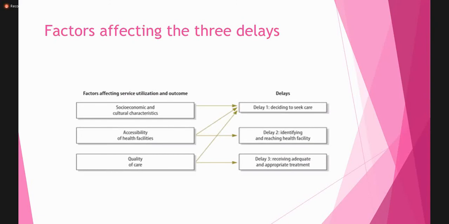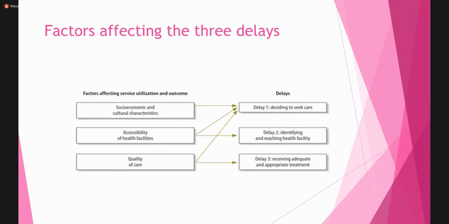Factors affecting the 3 delays. Delay 1, that is deciding to seek care. The factors affecting the service utilization and outcome may be socioeconomic and cultural characteristics, which may be responsible for delay 1, that is the decision taken to seek the care.